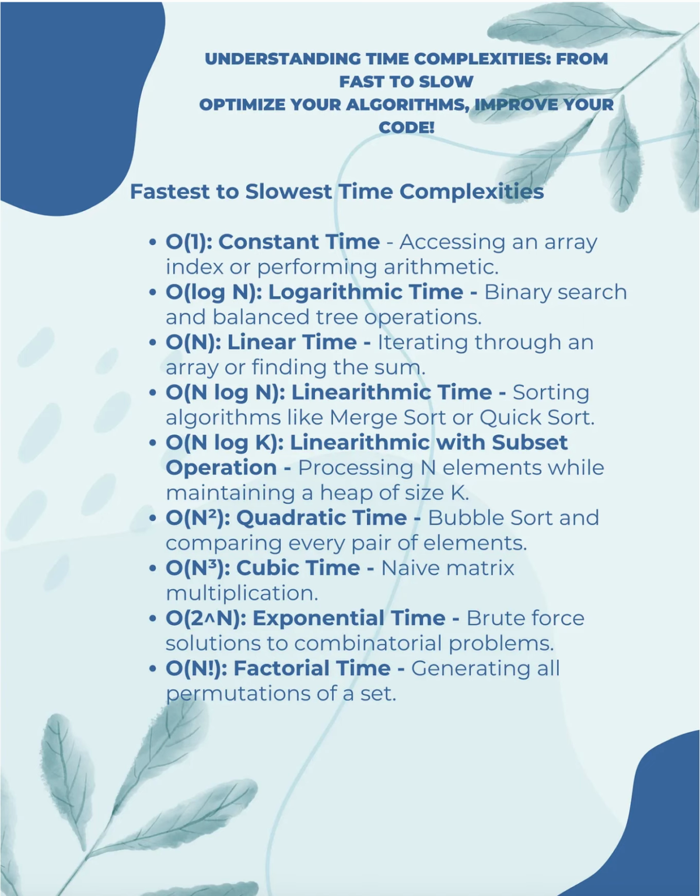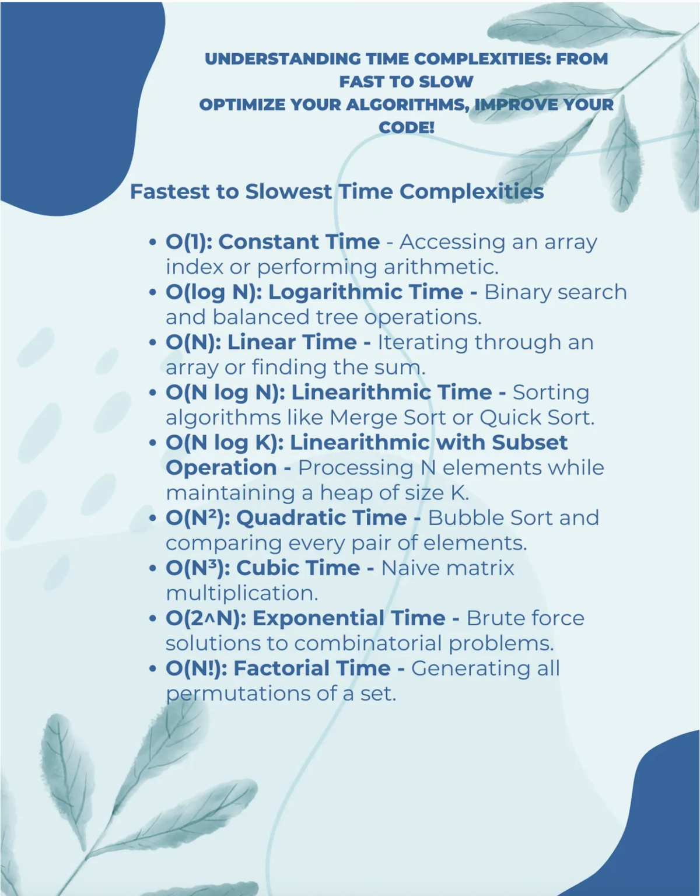Next is O(log n), logarithmic time. This complexity appears in problems where the input size is repeatedly divided. For instance, binary search cuts the search space in half with each step, making it incredibly efficient for large data sets.